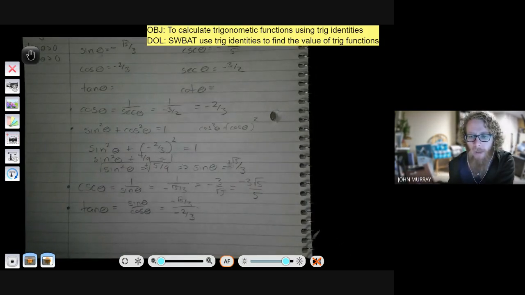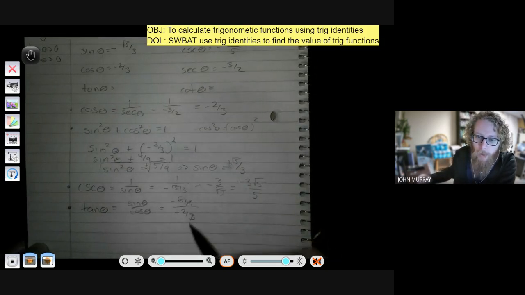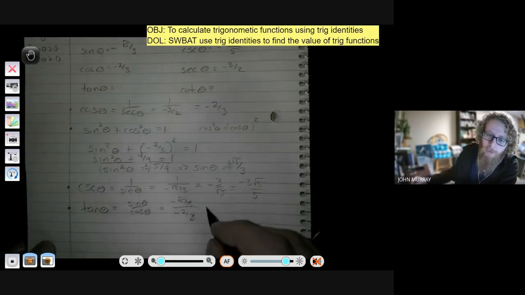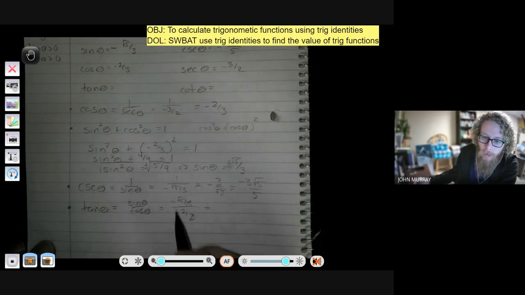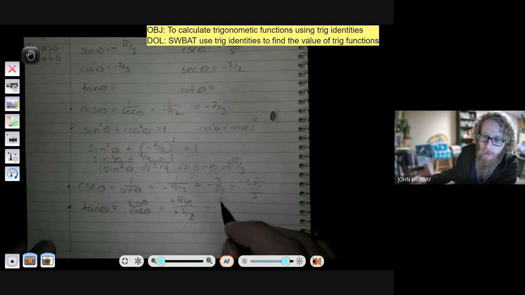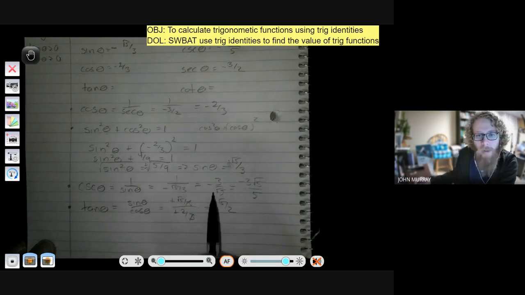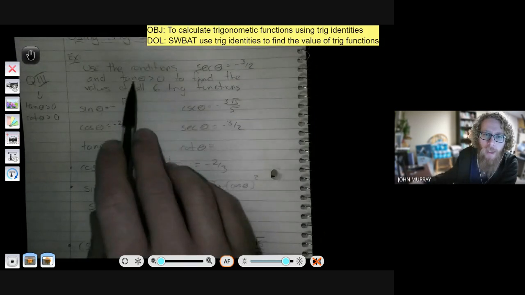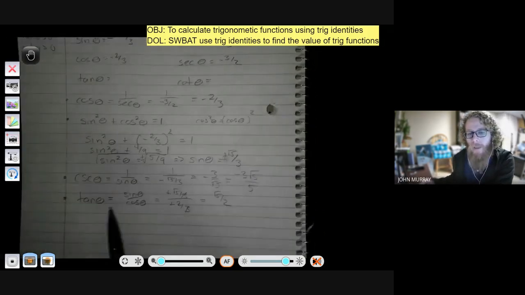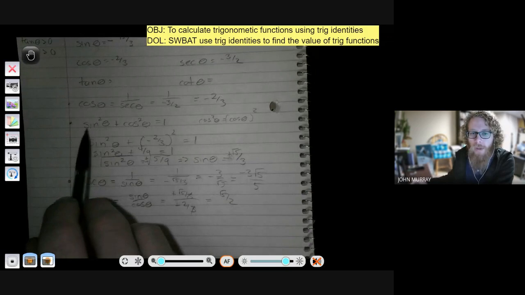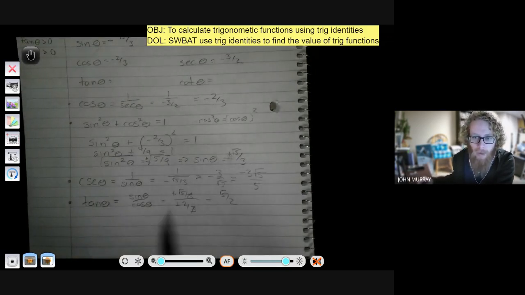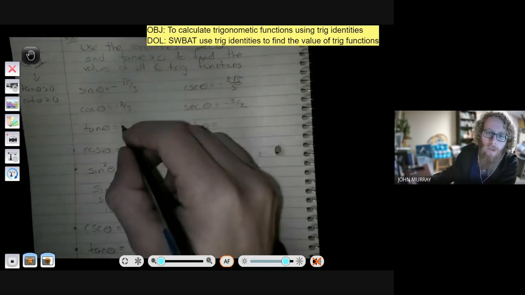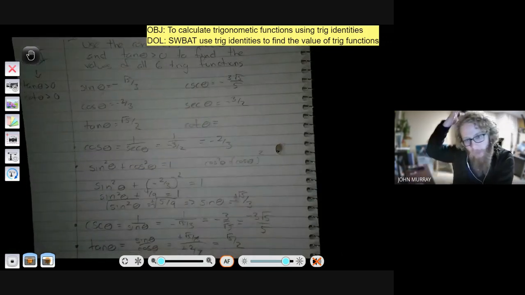When we have something like this, and either our denominators or our numerators match up, they will eliminate each other. And here we have a negative, here we have a negative. They turn to positive. So that makes sense with what we said before, right? We knew that tangent had to be greater than 0. Because we made sure the sine was correct, then it works out that the tangent is correct. All right, so we have that tangent is root 5 over 2.